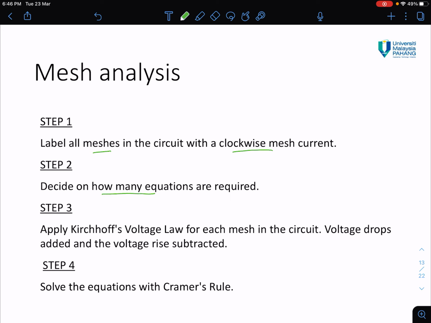Step 3, we apply Kirchhoff's voltage law for each mesh in the circuit. Voltage drops are added and voltage rises are subtracted. Lastly, to solve the equations, we are going to use Cramer's rule. Let's see one example for mesh analysis.